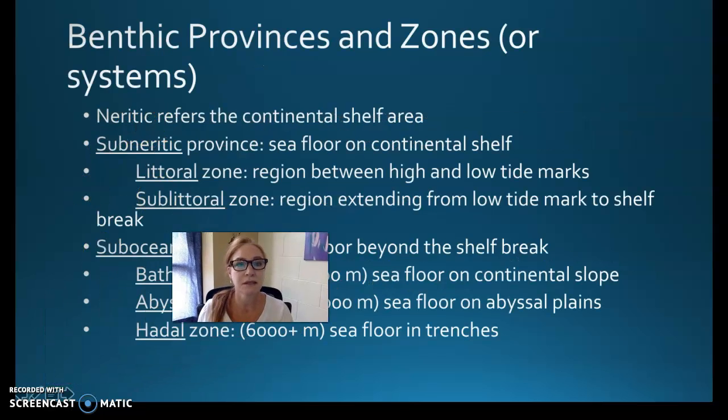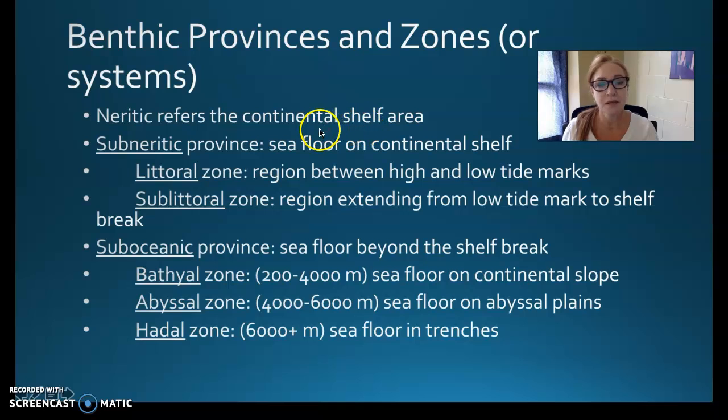The benthic realm is separated into these zones, okay? So this is the sea floor. It's called the benthic realm or benthic environment. These are separated into two big provinces, and each province is separated into zones.